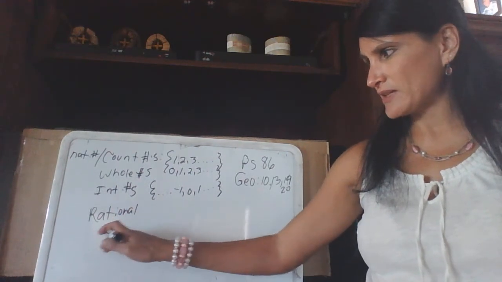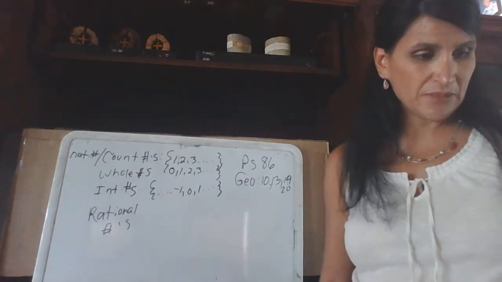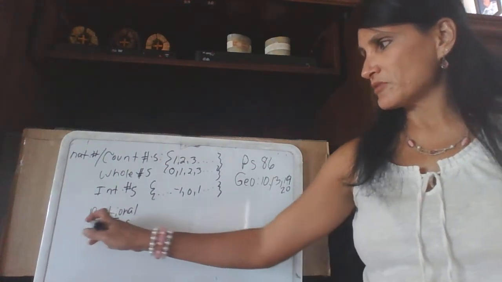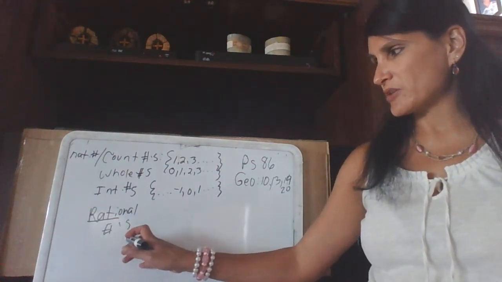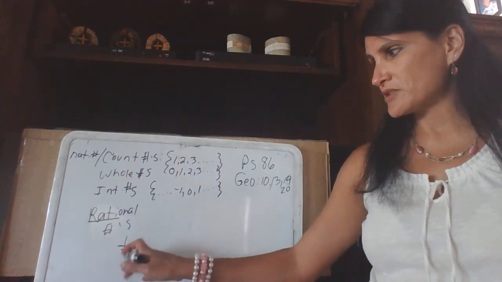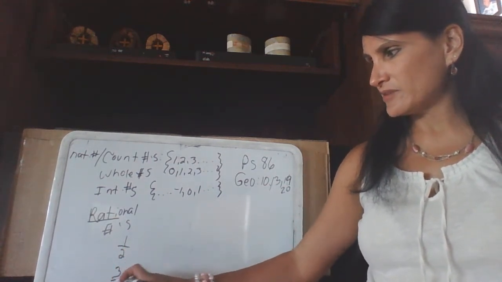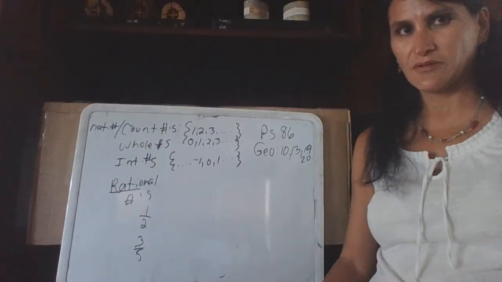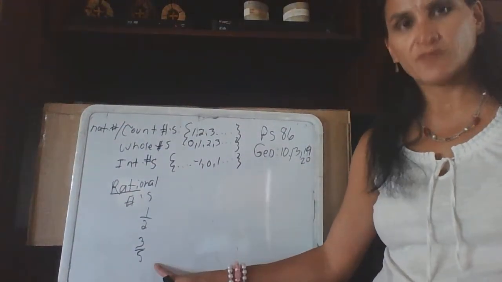Rational numbers, okay? Think of the root word ratio. A ratio is, remember, a comparison of two things, like 1 to 2 or 3 to 5. So a rational number is any number that can be written as a fraction.